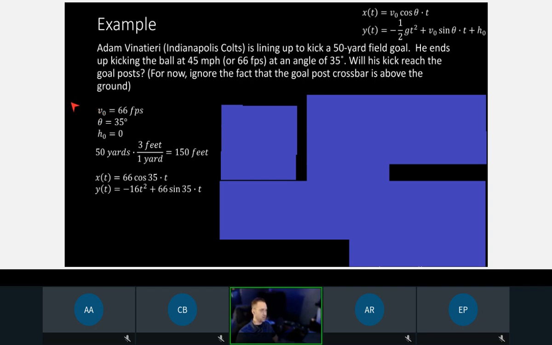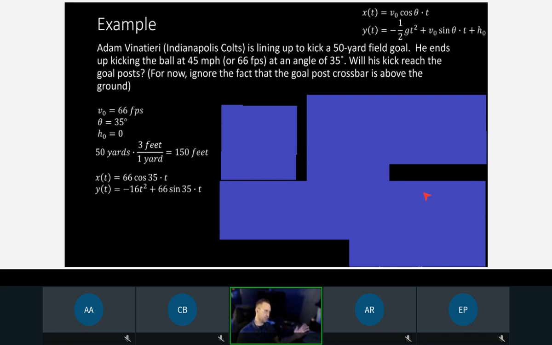All right, now we have to make choices. Any ideas of how we could approach this? Remember, we're trying to figure out if the ball made it to the goalpost, right? So how can we approach this? Just so you know, this is a 2-part problem. We can't actually solve this in one setup and solve part. It's going to be two parts.